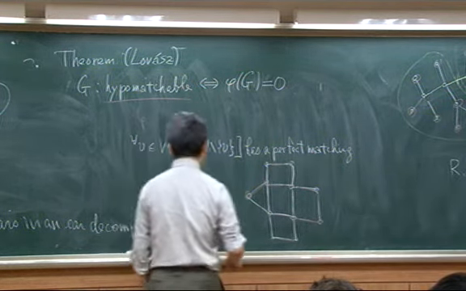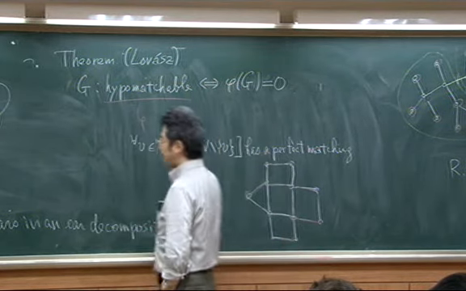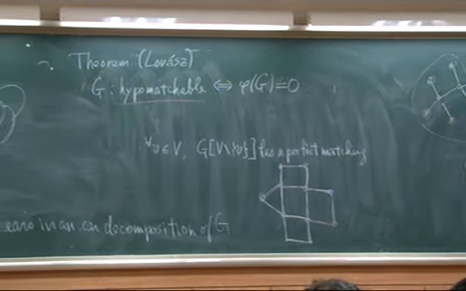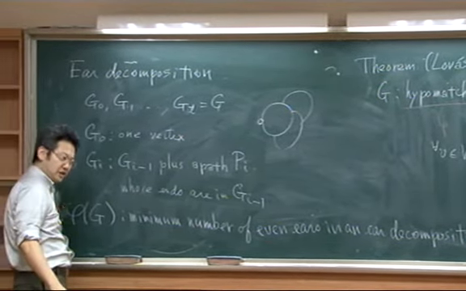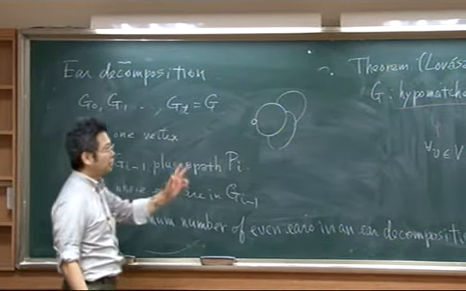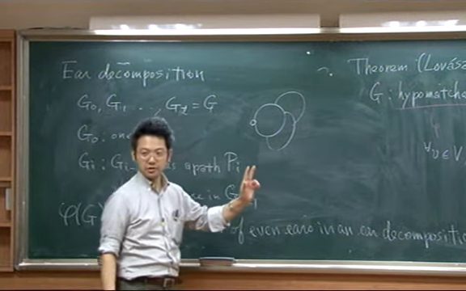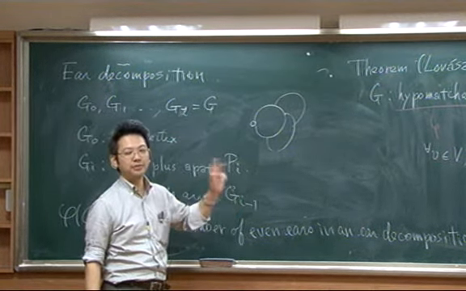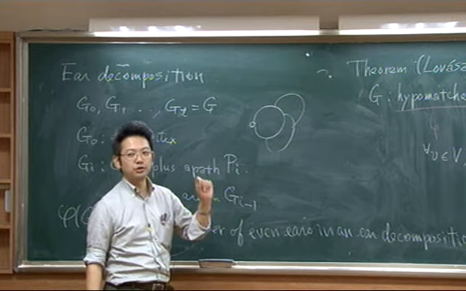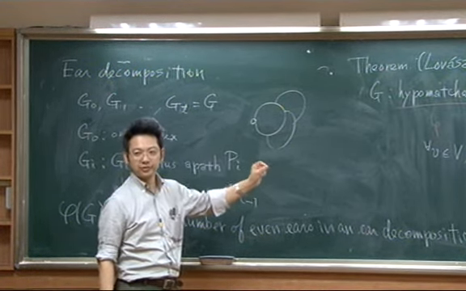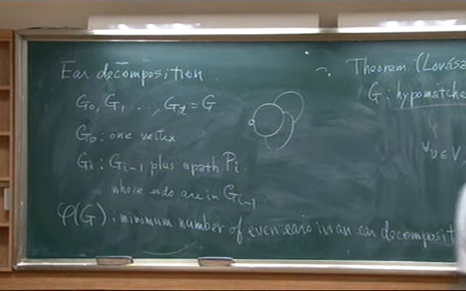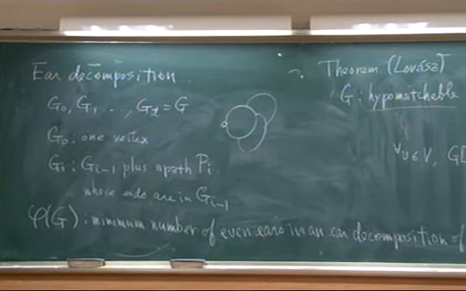At some point, this phi of G is shown to be equal to the minimum number of edges whose contraction will make it hypermatchable. And that's also proved in Andras Frank's paper.